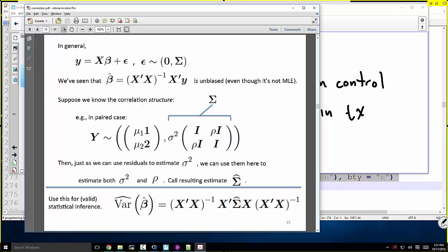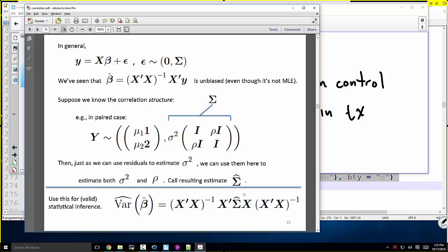So generally, now that we're working with correlated data, let's consider a regression model, y equal X beta plus epsilon. And epsilon now is not IID. Still has a mean of 0, but now the epsilons have potentially arbitrary correlation inside of them, represented by capital sigma.